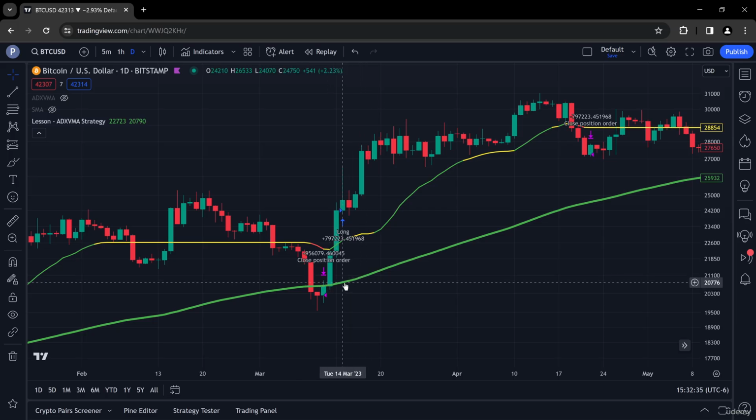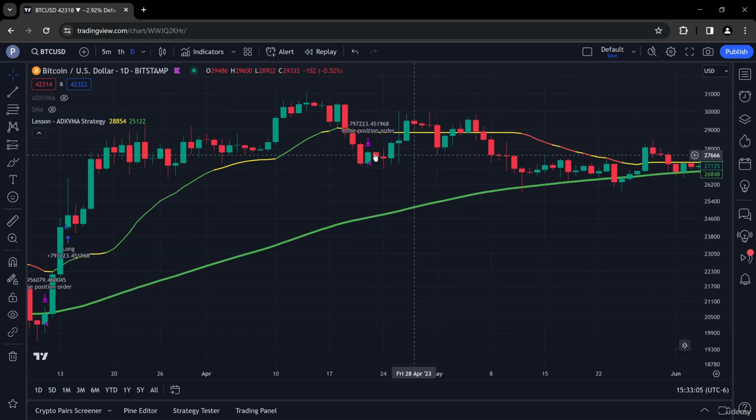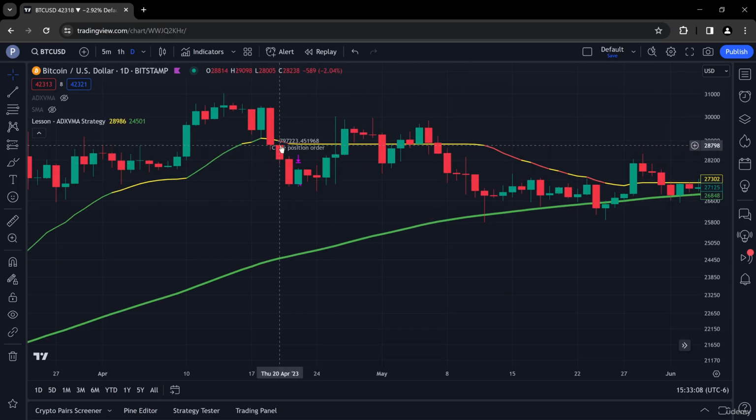So because it is green, our strategy is allowed to take long trades. In this section, the ADX VMA is yellow, meaning flat, no trades. But whenever ADX VMA becomes green on this bar, and trend MA is green here as well, then on the next bar we establish a long position. And we keep the long position up until this section.